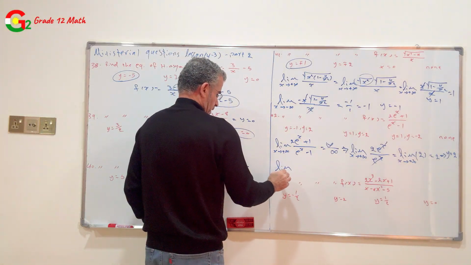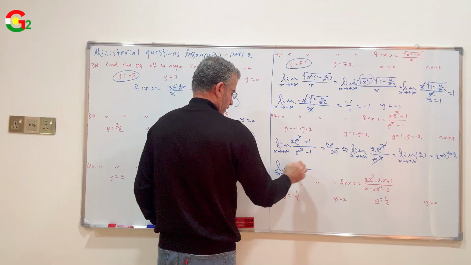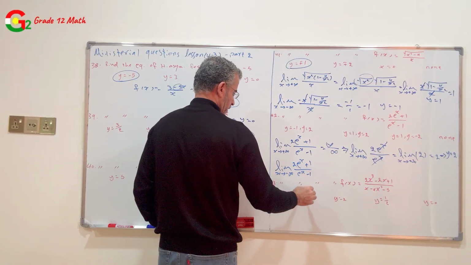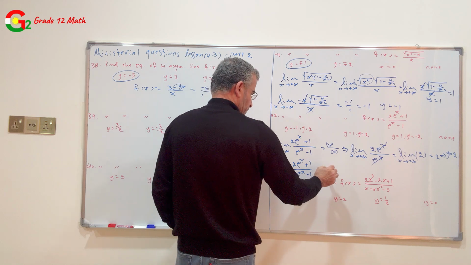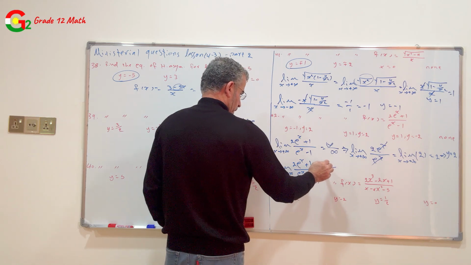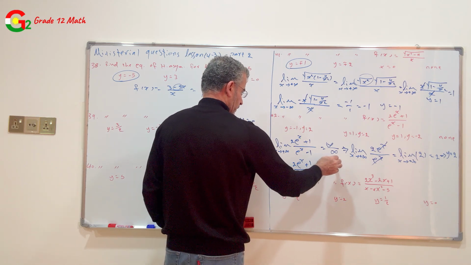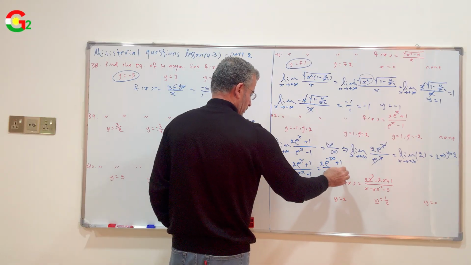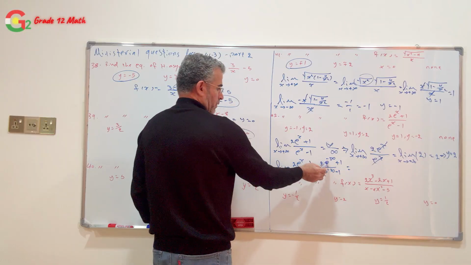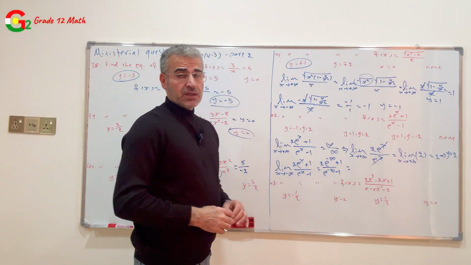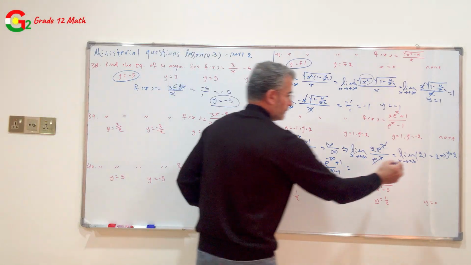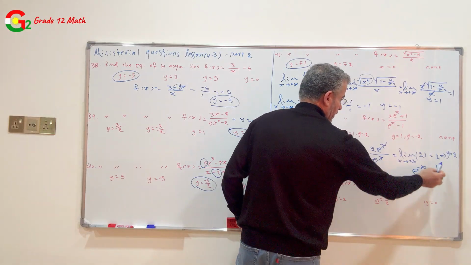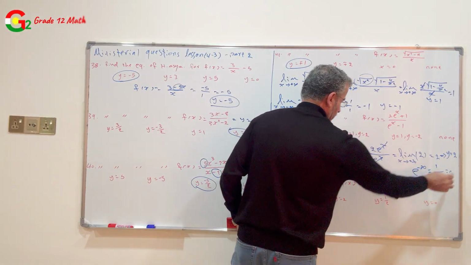Limit when x approaches negative infinity for this function (2e^x + 1)/(e^x - 1) equals (2e^(-infinity) + 1)/(e^(-infinity) - 1). e to the negative infinity is 0, which is 1 over e to the infinity, and 1 over infinity equals 0.